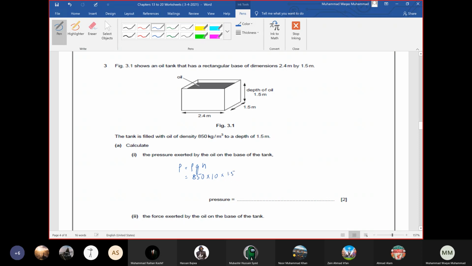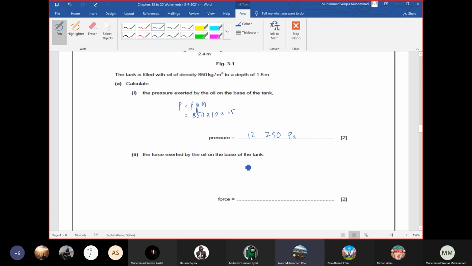If you multiply these all, what do you get? 12,750 pascals, right, beta? Yes, sir.